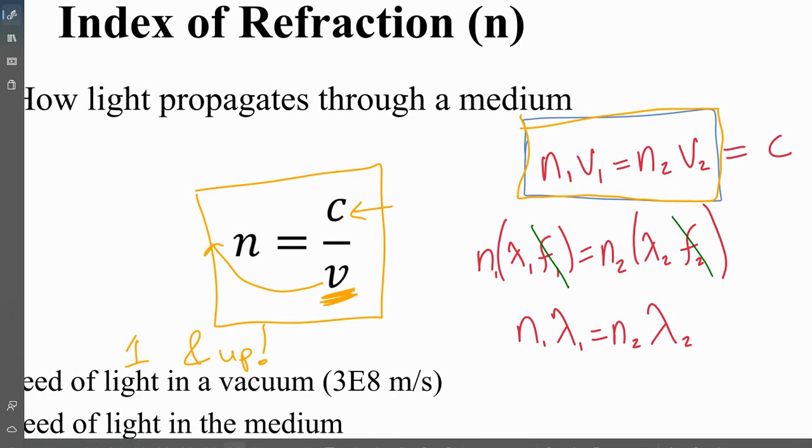Whatever velocity that medium has, multiplied by its index of refraction, is the same as the velocity and index of refraction of the other medium. Even furthermore, if we break down the velocity into lambda f, v2 as lambda 2 f2, the frequency stays the same. So this turns into this relationship as well.